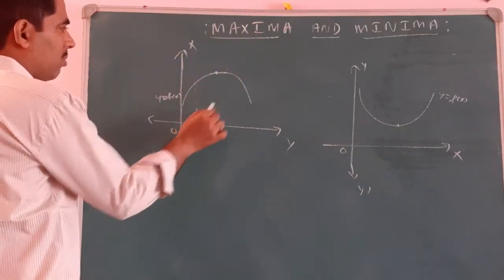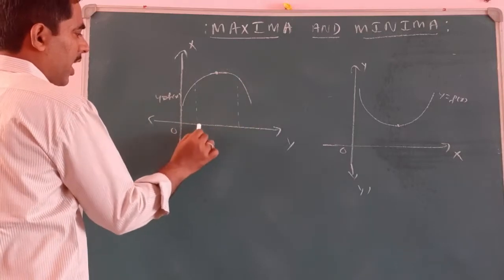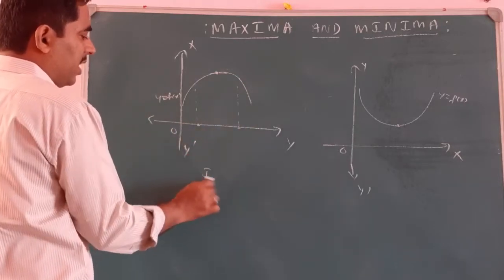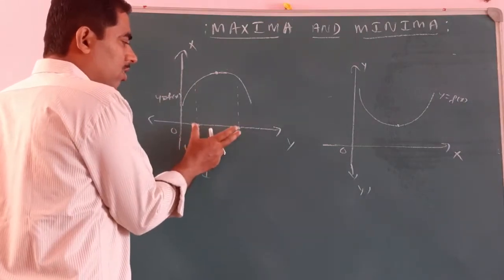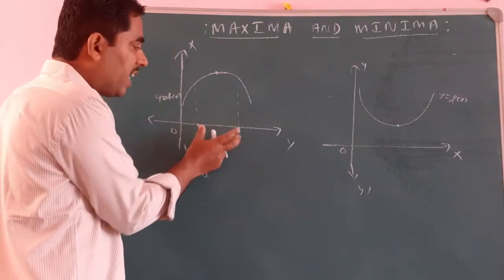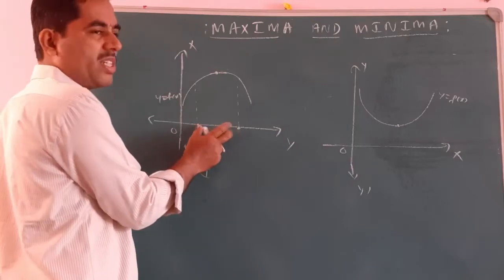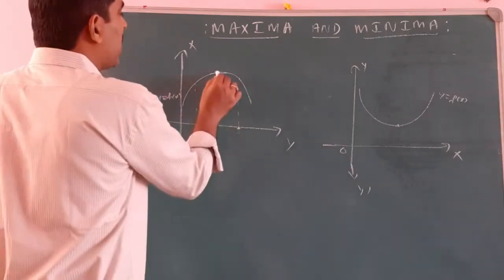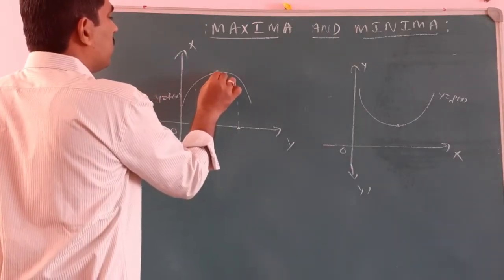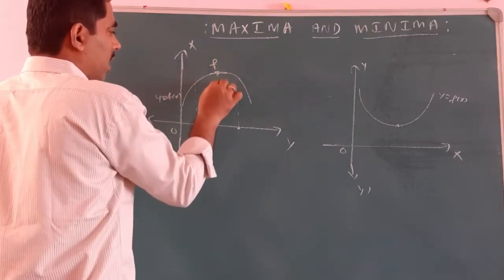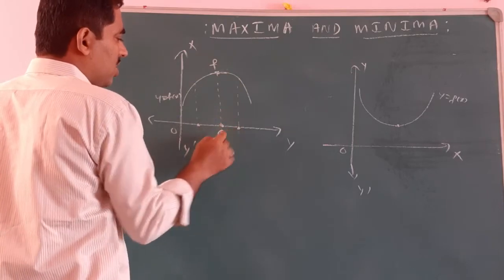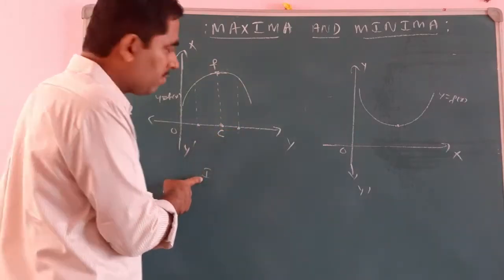I will consider some interval. Let I be the interval. I am discussing these points which lie in my interval, say A, B. Observe this point here. Let us call this point C. So C is a point in my interval.